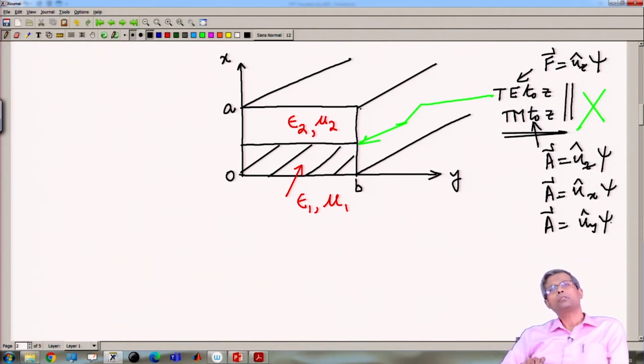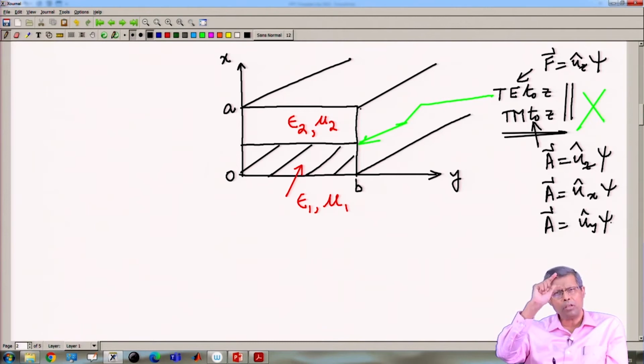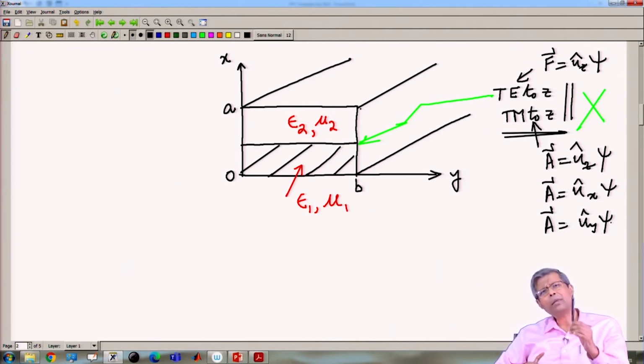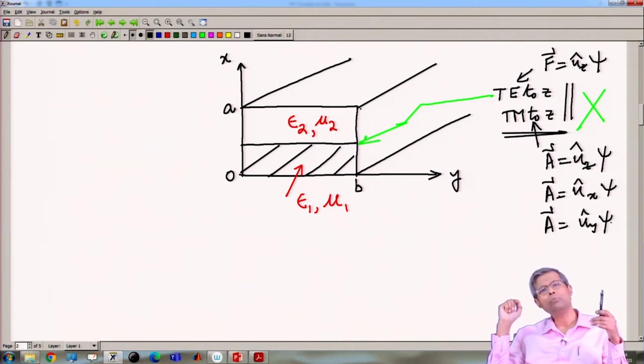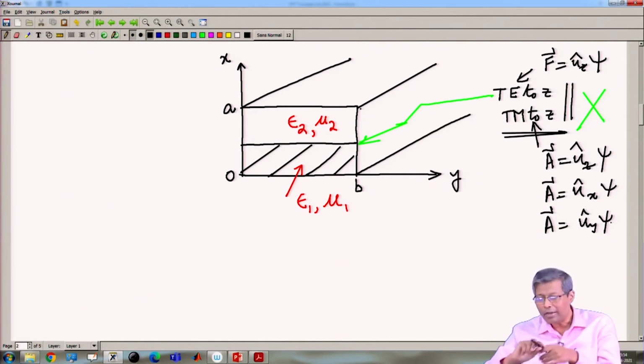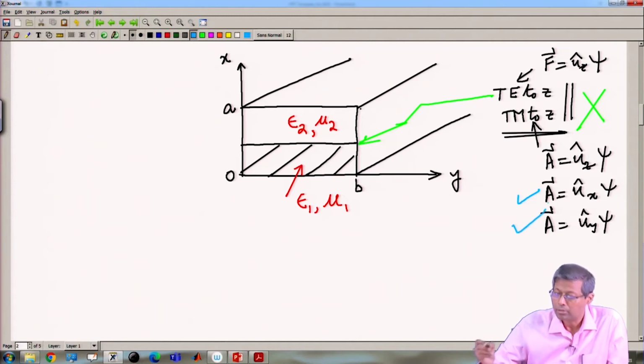And we could use the same expressions of the electric and magnetic fields, which we found out due to the radiating current source in a homogeneous medium. Those same 2 sets of equations which link up the electric and magnetic fields with the magnetic vector potential or the electric vector potential, we can use to find out the electric and magnetic fields in these 2 cases.